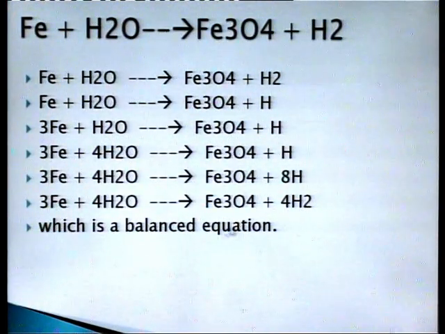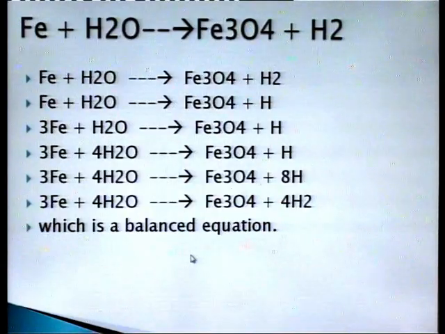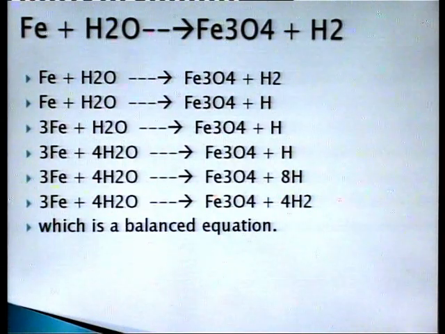So, if we see this reaction, 3 iron, Fe3, balanced, H2 into 4, 8 hydrogen atoms, and there are 8 hydrogen atoms on this side too, and if we compare the oxygen atoms, 4, here are also 4 oxygen atoms. So, this is a balanced chemical equation. So, we have balanced these equations by using the hit and trial method.